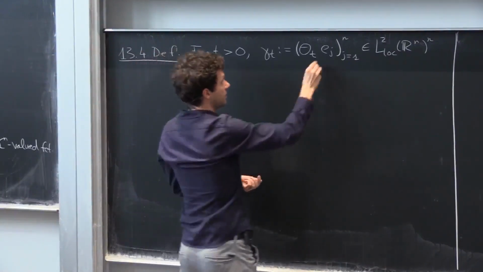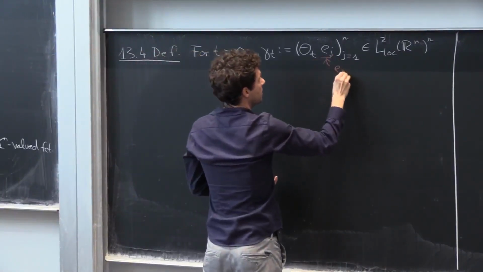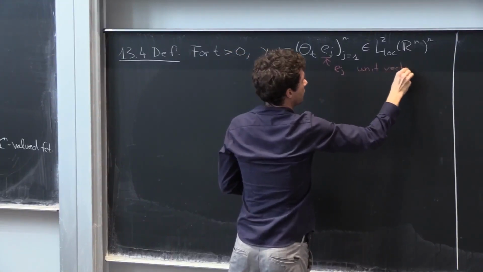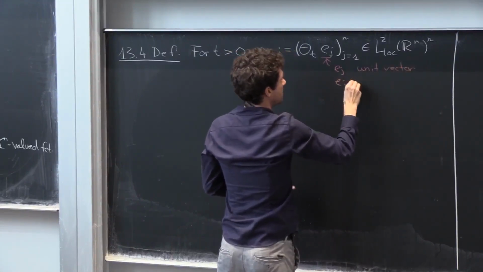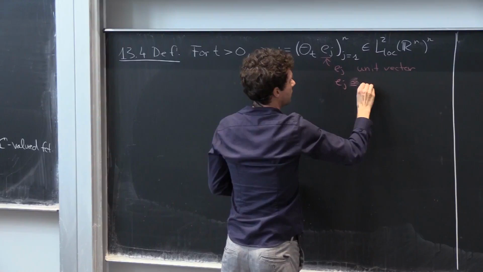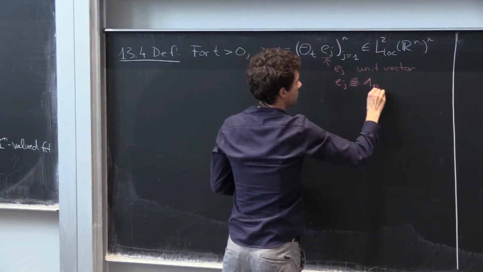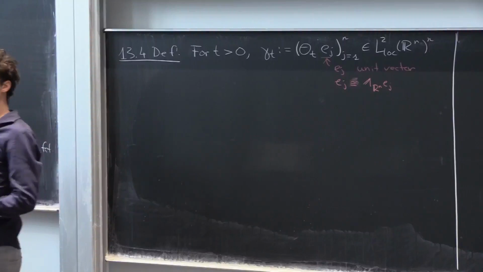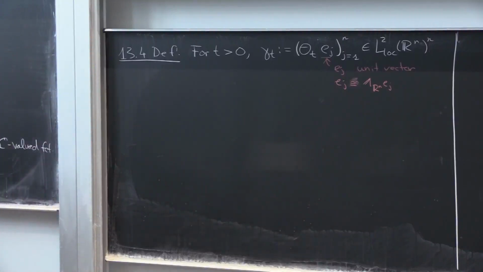Yes, so e_j is a standard unit vector, and I ease notation by identifying e_j with a function that is constantly the value e_j on R^n. So it's the action on constant functions.